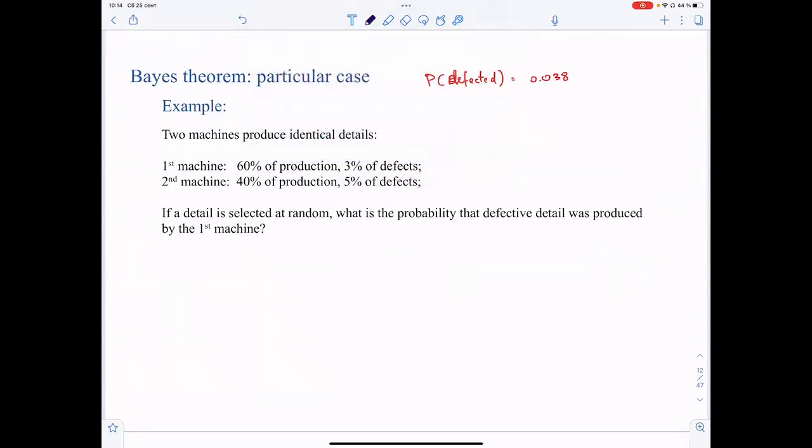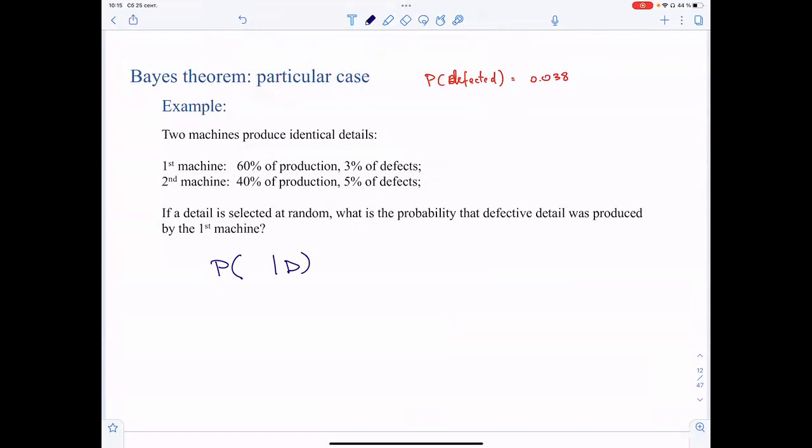Now we may ask the following question. If I got a defective detail, so basically I was given a defective detail, all right? I came to the store, I randomly picked a detail out of the box, and it appears to be defective.